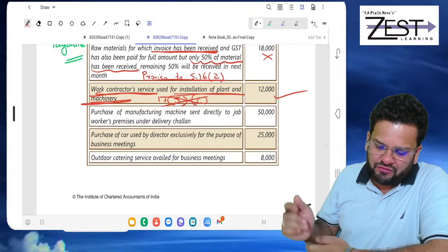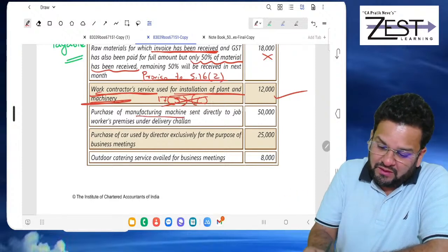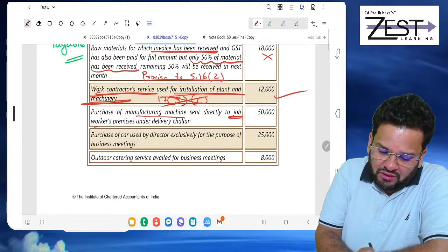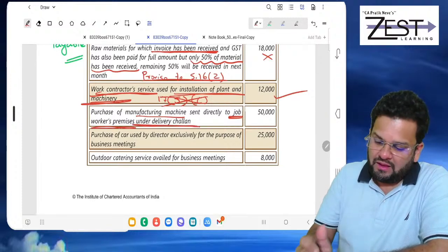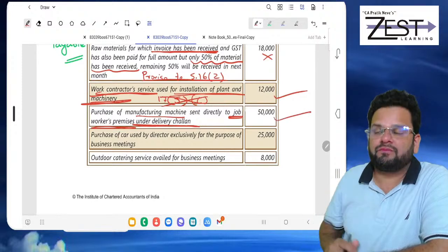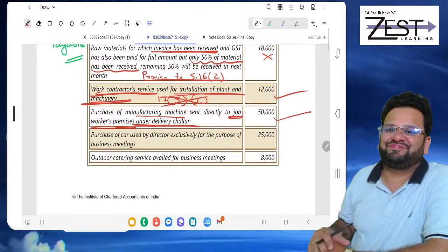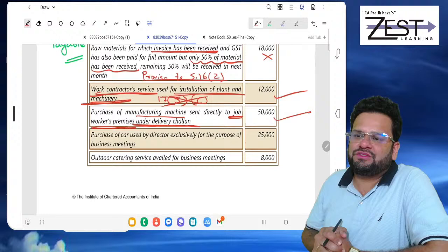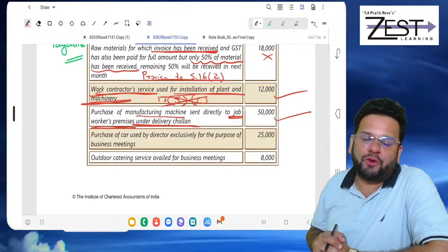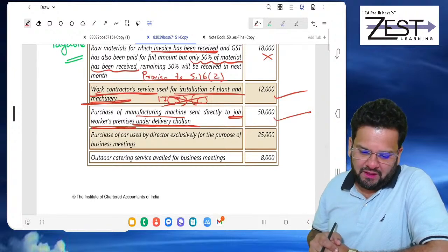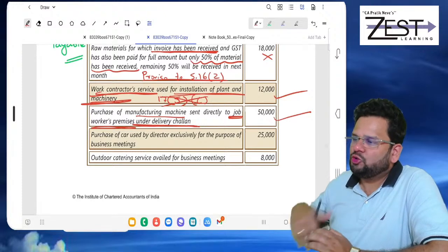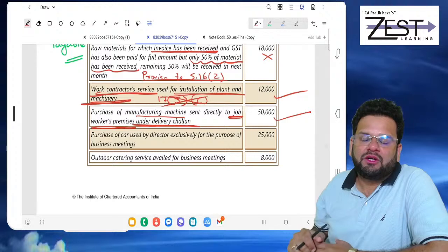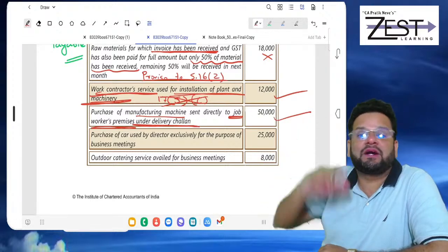Then, purchase of a manufacturing machine sent directly to the job worker's premises under delivery challan. ITC will be allowed. Why will it be allowed? Because there are 2 points in this. It is a machine which you have bought, but you told someone to deliver the machine to a third party.